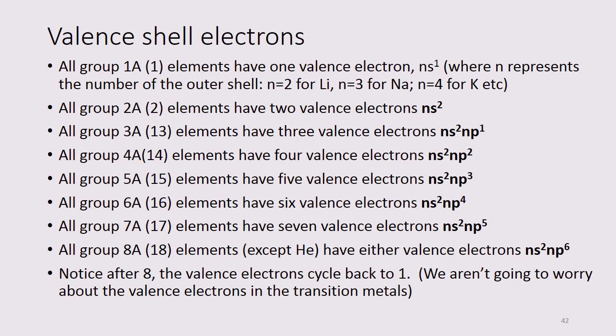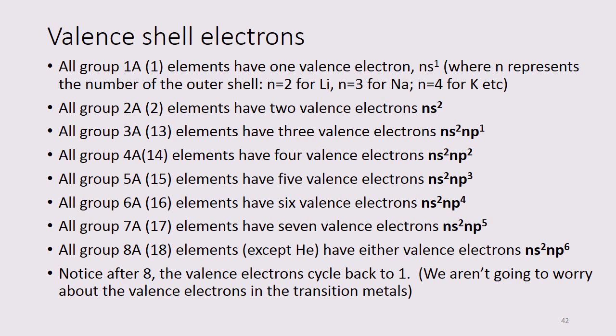Group 5A elements have 5 valence electrons. Group 6A elements have 6 valence electrons, s2p4. Group 7A all end with s2p5 with 7 valence electrons, and then all group 8A elements, except for helium, have s2p6. And so now we're back to a closed shell.